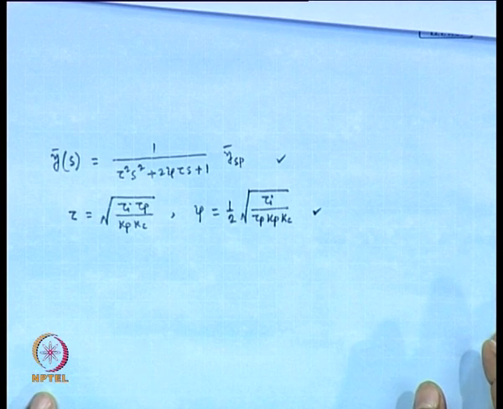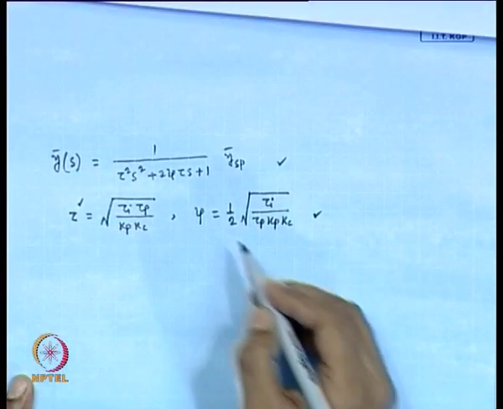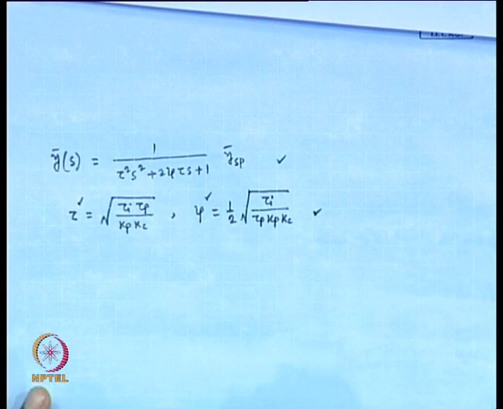You see, from these correlations it is clear that tau and zeta both depend on the value of Kc and tau I, where Kc and tau I are the controller tuning parameters.